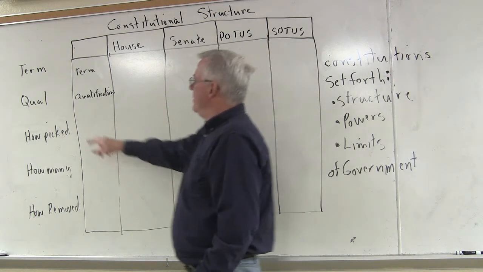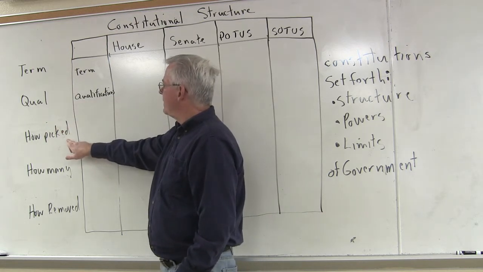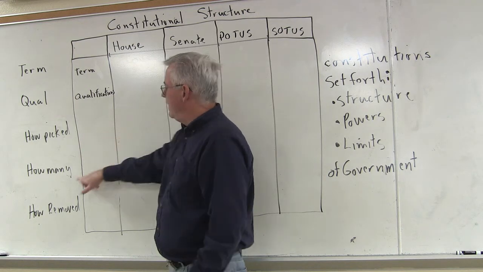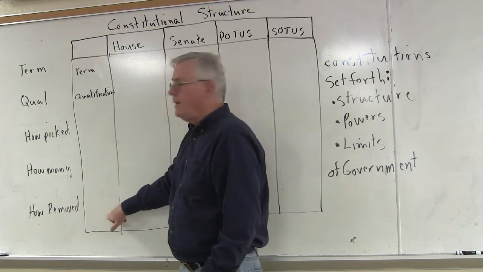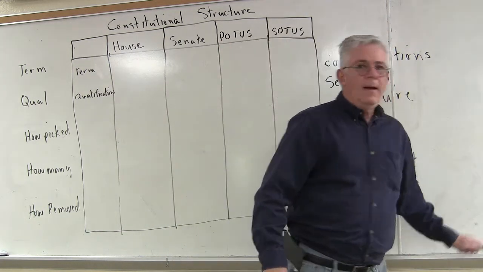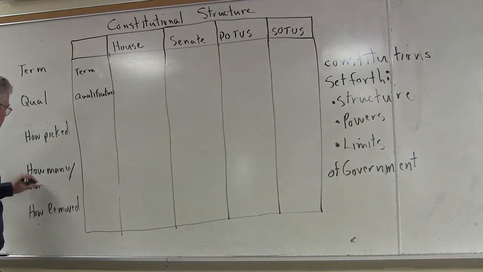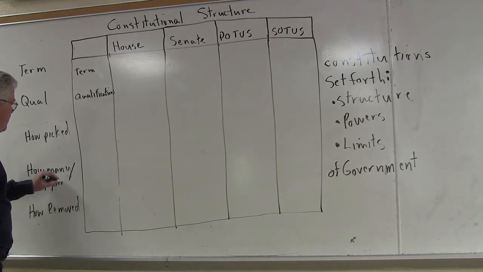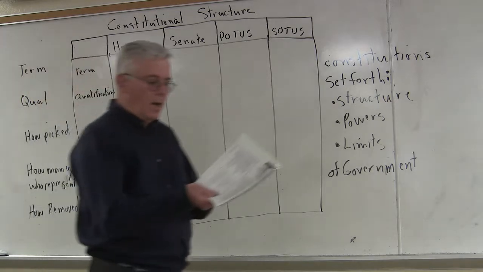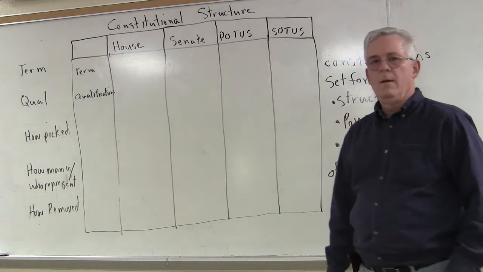Then down the column write term, qualifications, how picked, how many, and how removed. In fact, next to how many I'm going to put a slash and say, who do they represent? So pause the tape and make this chart and come back to me.